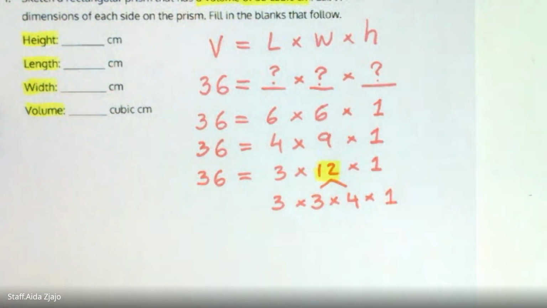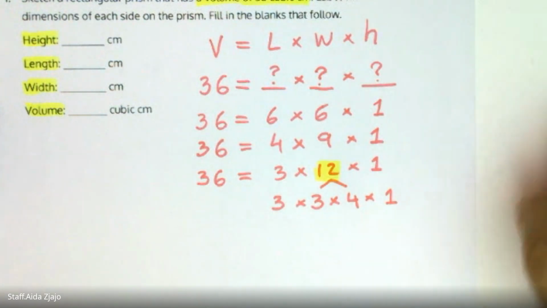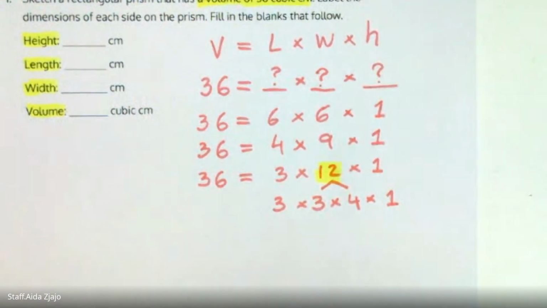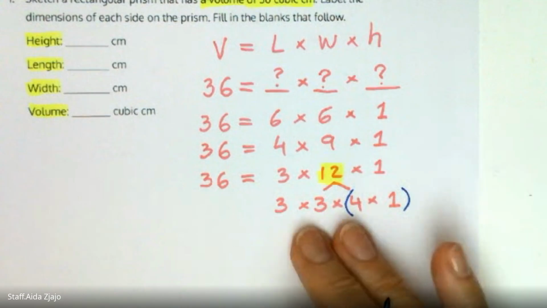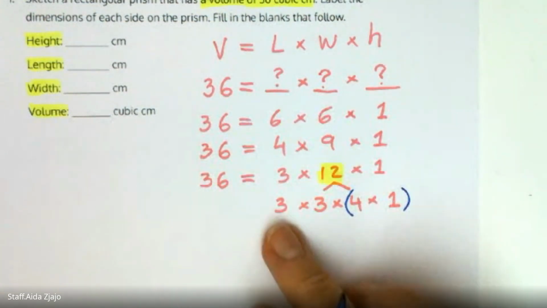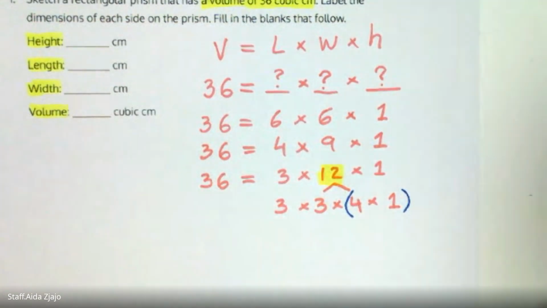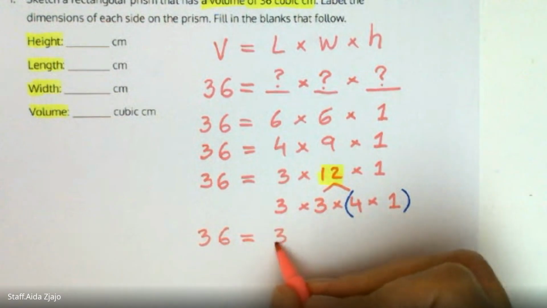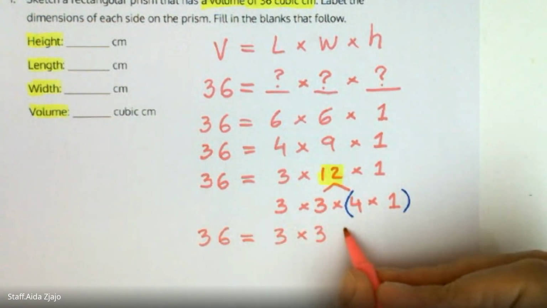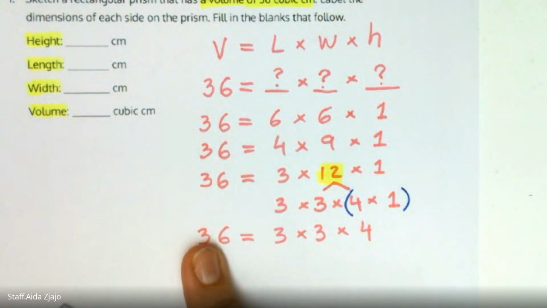But now I'm going to use the associative property. So now I'm going to do 4 times 1, then another solution could be 3 times 3 times 4. And that is also a possibility: 36 is also the same as 3 times 3 times 4. 3 times 3 is 9. 9 times 4 is 36.